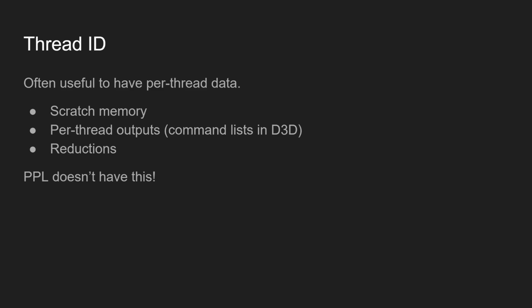I'm sure that there are other use cases as well, and it's just a nice thing to know. OpenMP provides the thread ID, but for some reason PPL does not. And this limits the type of computations that you can do with PPL. In my API, the thread ID is simply an index that's passed into the function when it's called.